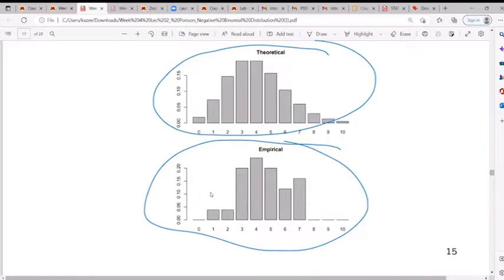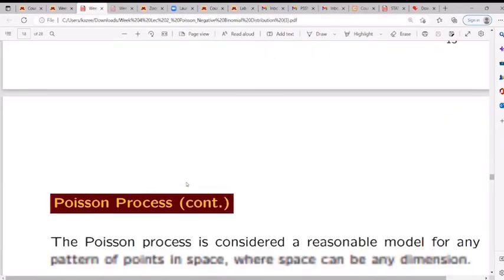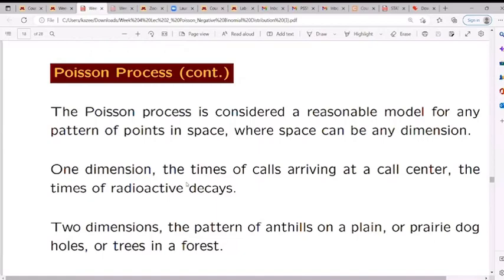The empirical one is the one you obtain when you analyze your data set by constructing the histogram from it. Now I think we need to go into an example.